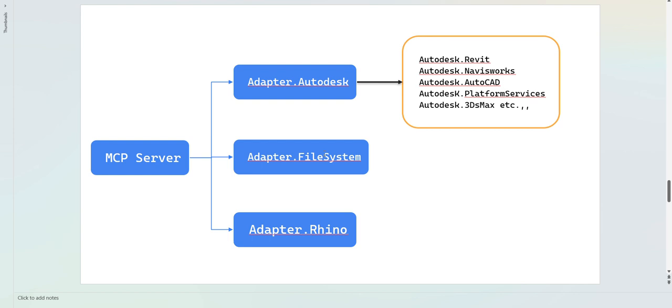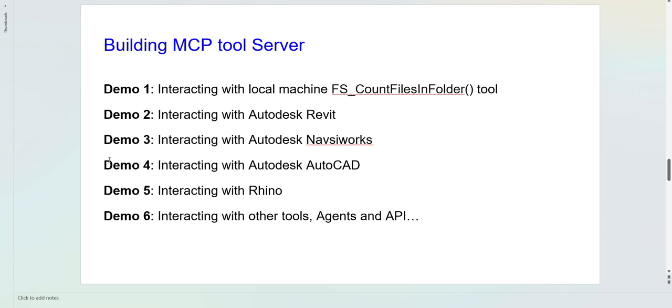So for example, if I have some files on my drive and I wanted to run some analysis on some spreadsheets, etc., that's worth looking at as well with the MCP service.